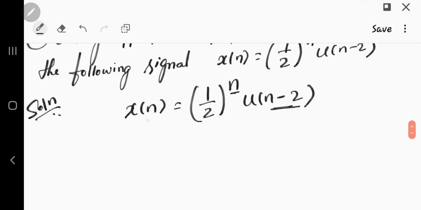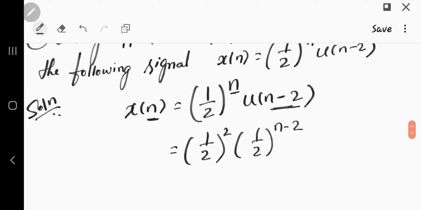That means if the time shifting property is applied, it will be for the entire signal: n minus n naught is applied for an entire x of n. So to make that happen, I will slightly modify this as (1/2)^2 times (1/2)^(n minus 2). So here plus 2 and minus 2 will get cancelled and we will remain with (1/2)^n only. So that means it doesn't affect our signal x of n.